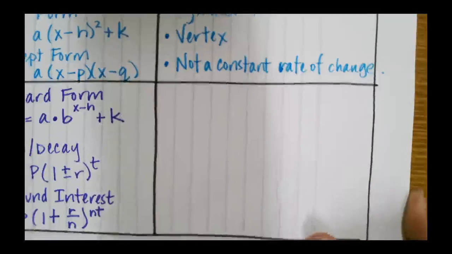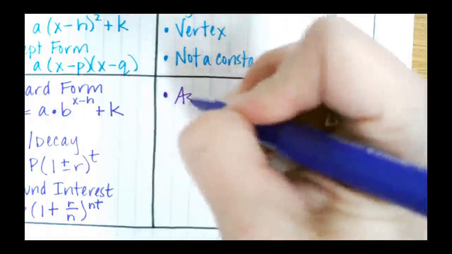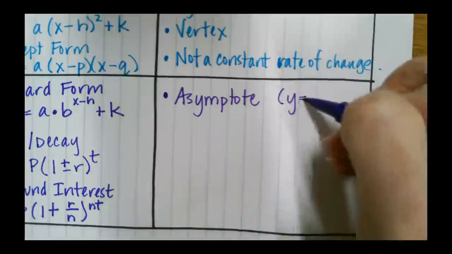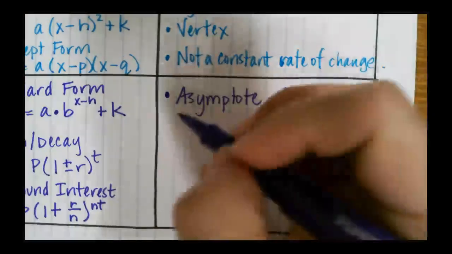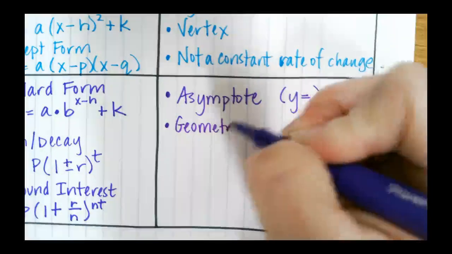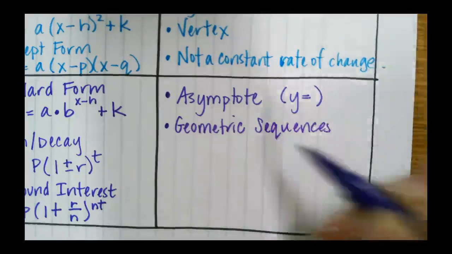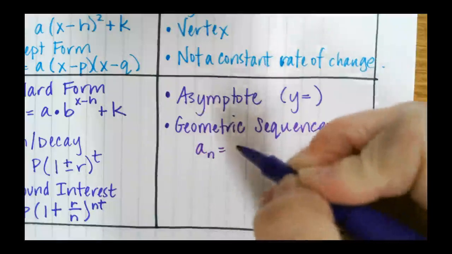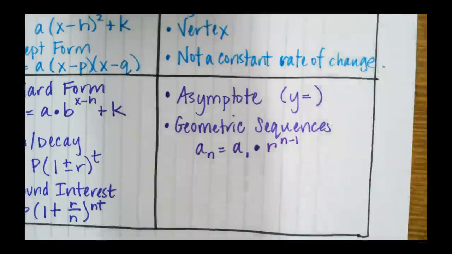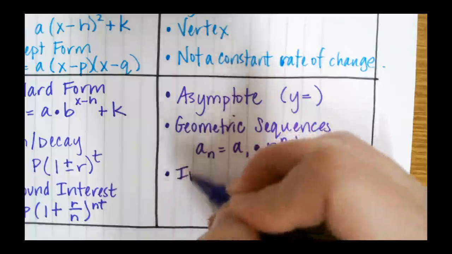All right, characteristics that are unique to exponential. This one is the only one that has an asymptote. Since it's horizontal, it's a y equals. We connected geometric sequences to our exponential functions. If we take our first term and multiply it by the common ratio n minus 1 times, this one can be increasing or decreasing.